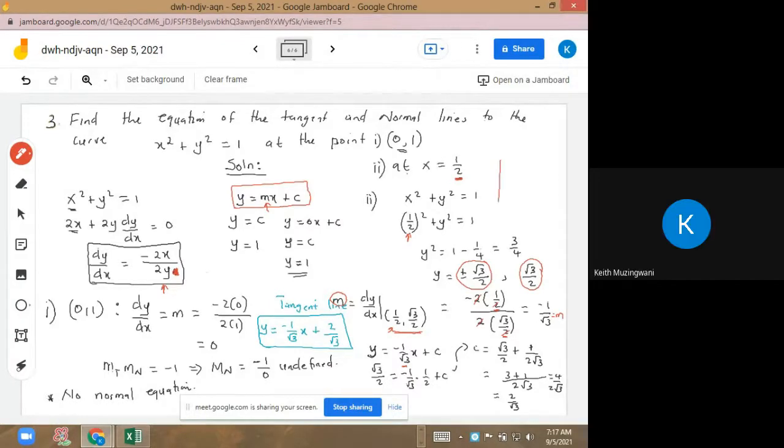So this is a circle. When you say find the equation of a tangent line at a point, if it is this point, then you're finding for that line. If it is this point, then you're finding for a different line.